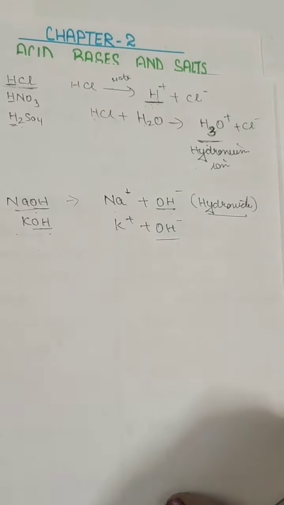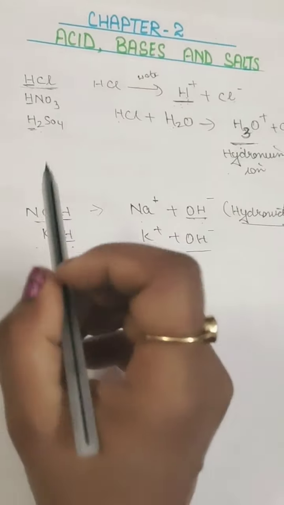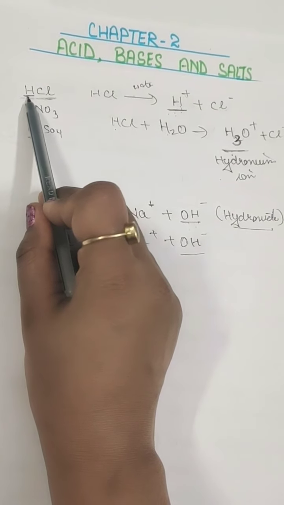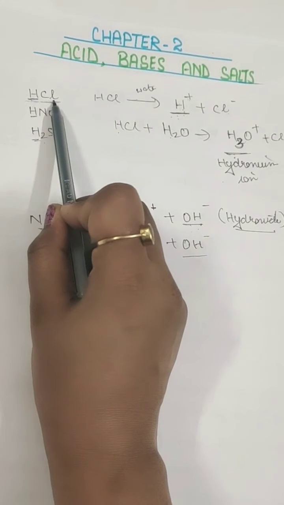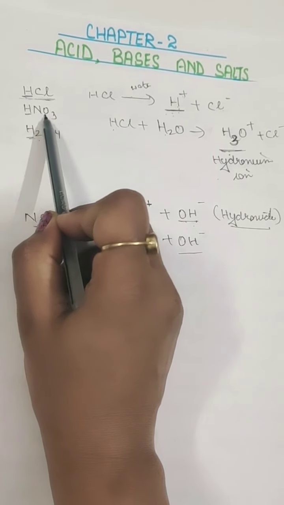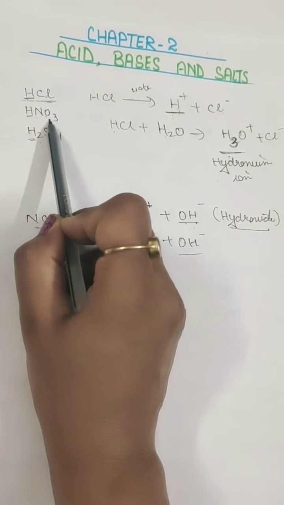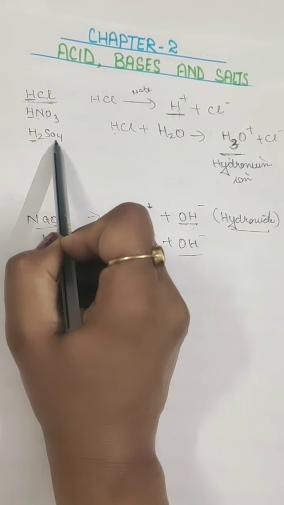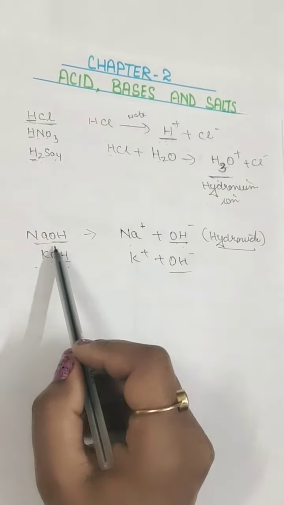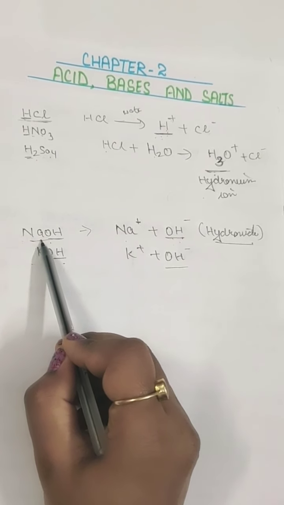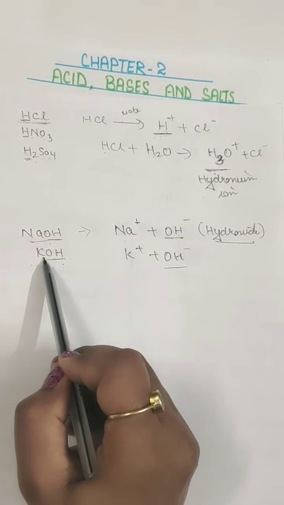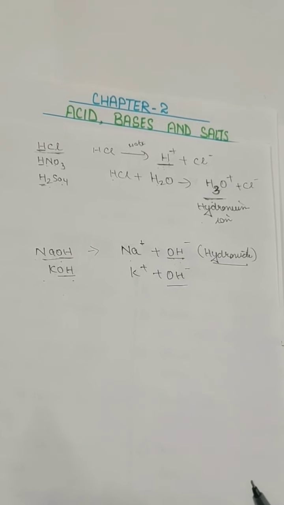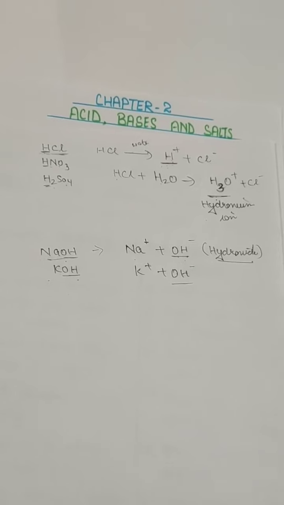Here, if you look, acids are always formed when hydrogen combines with a non-metal. All these things are non-metals, like nitrogen, oxygen, sulfur, sulfate here is non-metal. But here sodium is a metal, potassium is a metal, and so on. The other part of the compound will always be a metal.